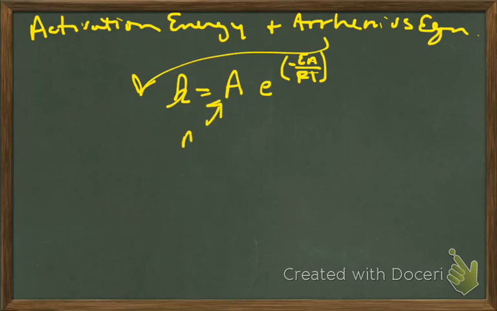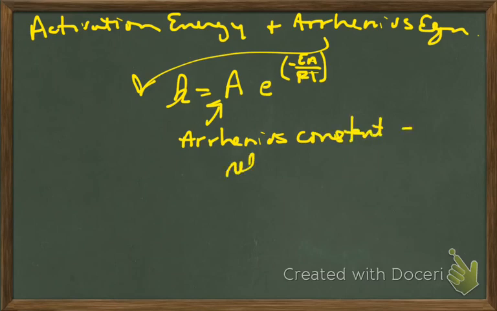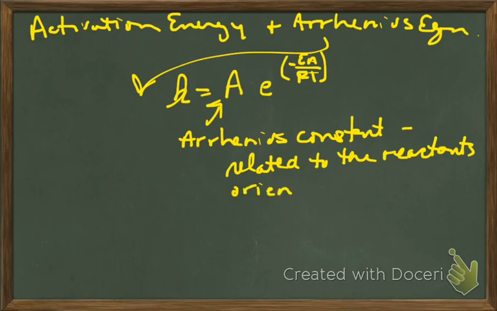A is the Arrhenius constant, and it is related to the orientation of the reactants at collision. Sometimes also referred to as the frequency factor.